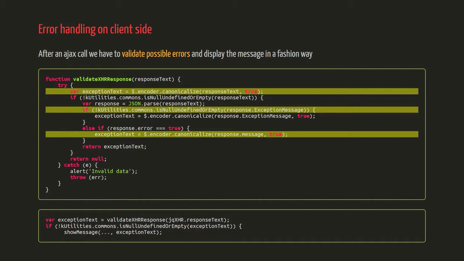And remember that over time Kernel has changed, so based on your project you can have the object message or exception message inside your code, and you have to handle this difference, so pay attention to it.